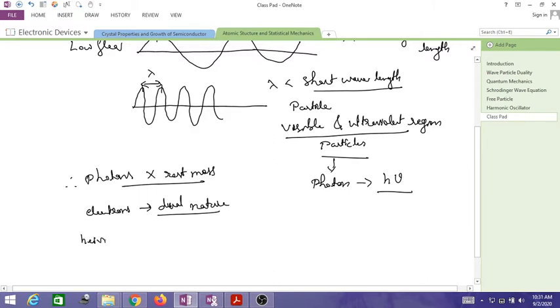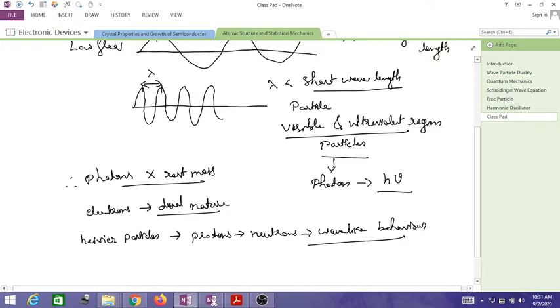If you look at the heavier particles, that is protons, then neutrons, atoms or molecules, they represent wave-like behavior.